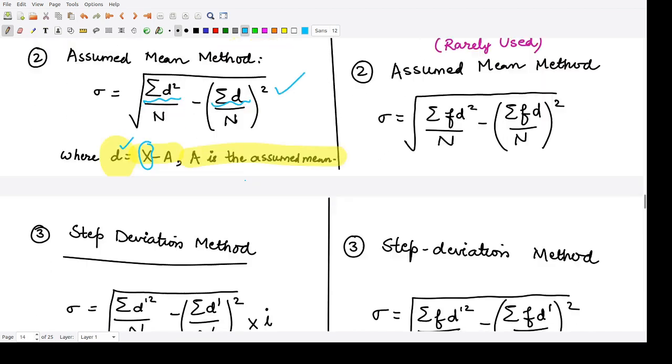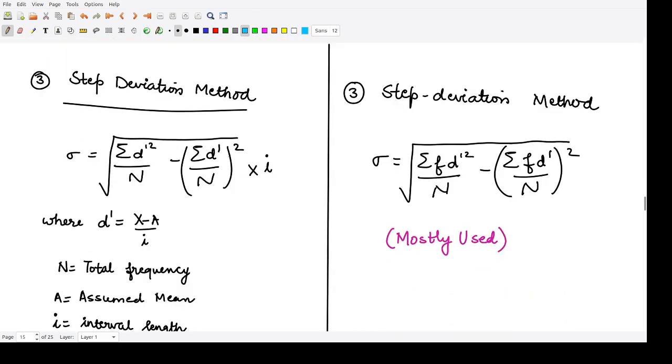And the third formula is the major one, which is mostly used. That is the step deviation method. Here we calculate d dash instead of d. This would be more clear from the examples. So a is the assumed mean.